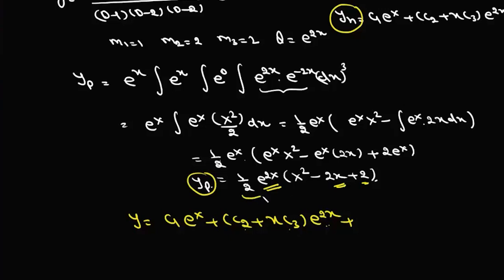So all we need to write is this term x square, because it is not there previously. So it will be 1 by 2 e to the power 2x into x square, and that is the answer to this question.